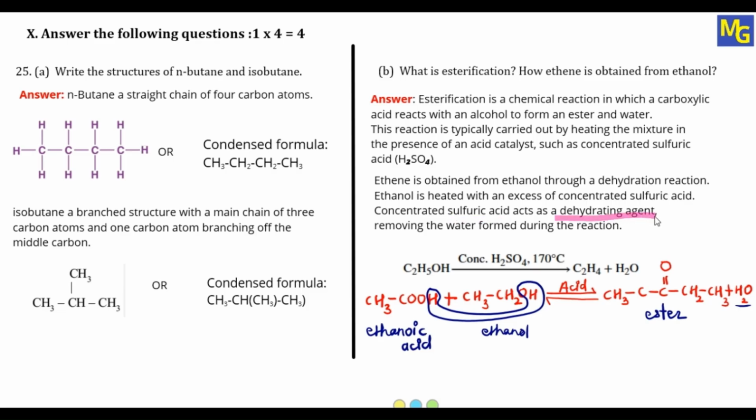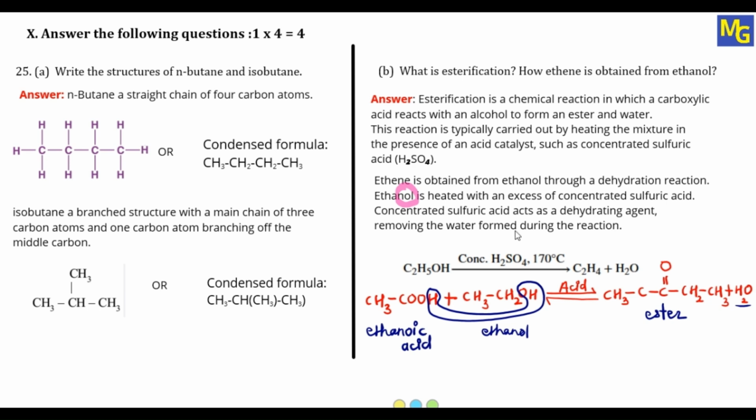Means when you heat this ethanol in excess of this acid, this acid will help to remove the water molecule from this alcohol, and that's why it is called a dehydrating agent. And then we will get ethene. Ethene is a two carbon compound consisting of a carbon-carbon double bond, that is nothing but an alkene. So that only we have to explain here.